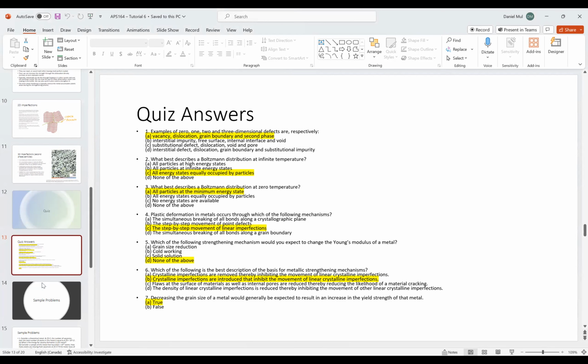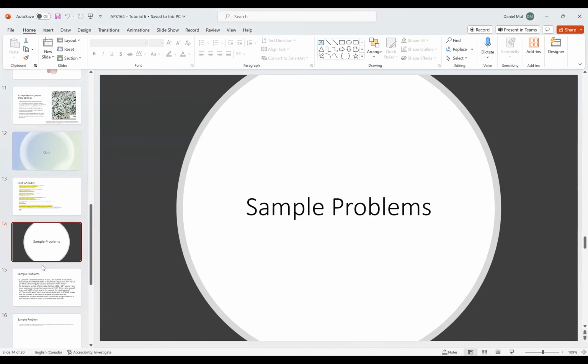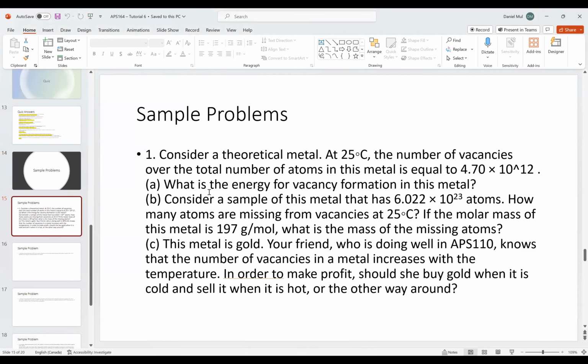So let's start off with some sample problems. A lot of these are word-based problems, except for this first one, it has some calculation. Consider a theoretical metal at 25 degrees Celsius. The number of vacancies over the total number of atoms in the metal is equal to 4.7 times 10 to the 12.